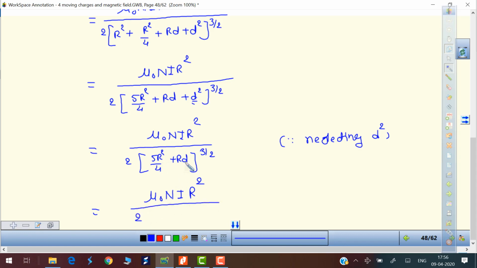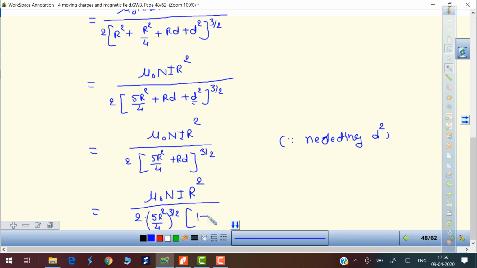Now look here. I take 5 r square by 4 common because I want to use the binomial expansion. But when it is outside, it comes with the power 3 by 2.